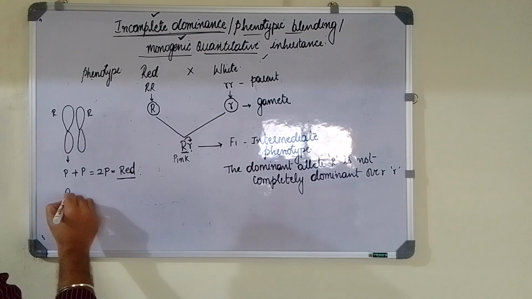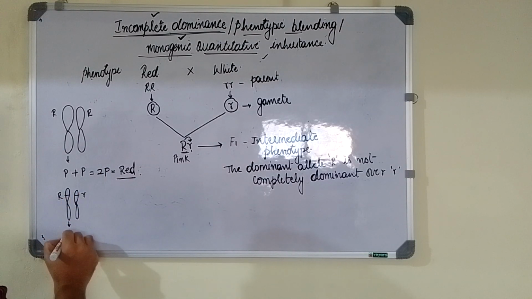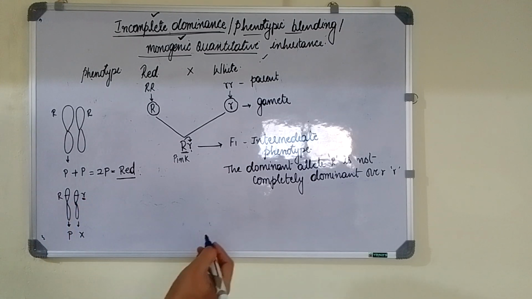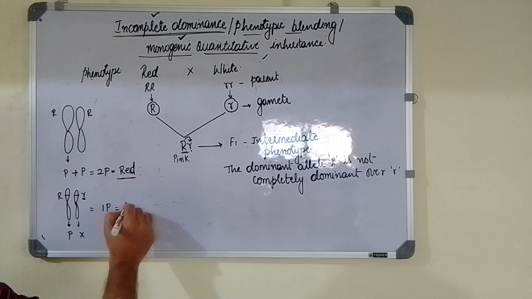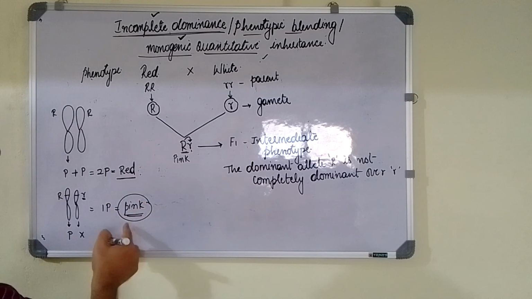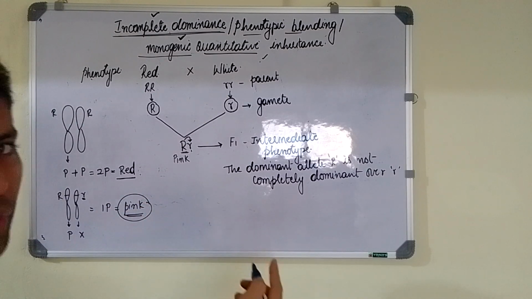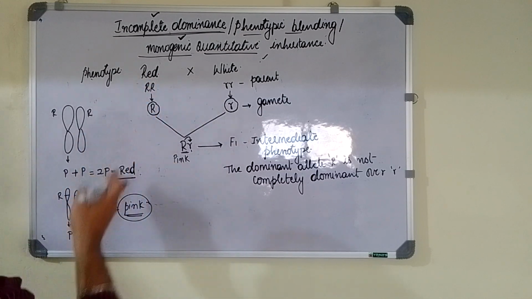Now let us take a capital R and a small r. Capital R can produce pigment, but the small r cannot because it is recessive. As a result, enough red pigment is not present, so we are getting a pink flower, because only 50% of what is produced with two dominant alleles is produced here.